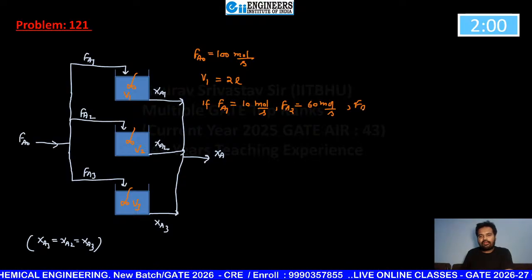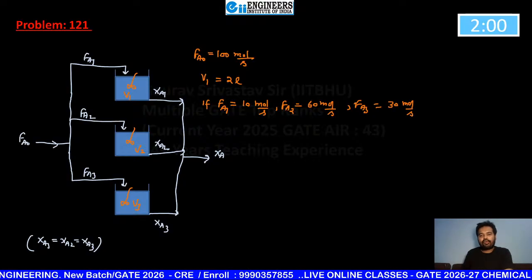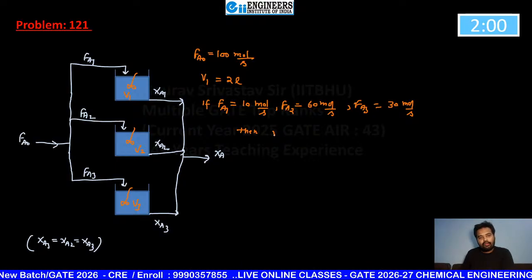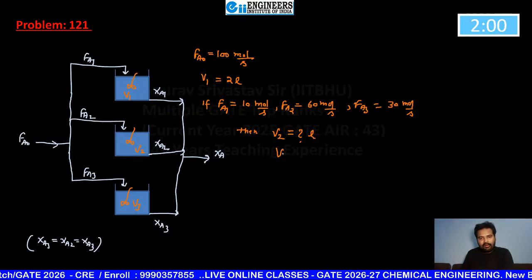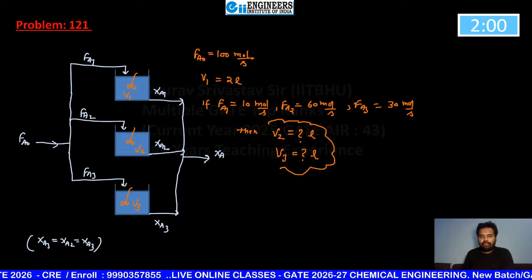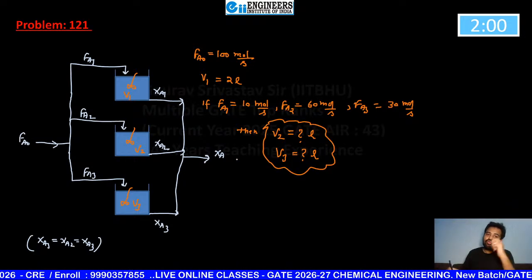So FA3 will be 30 mole per second. Now you have to tell V2 is equal to how many liters and V3 is equal to how many liters. This one is unknown to you.